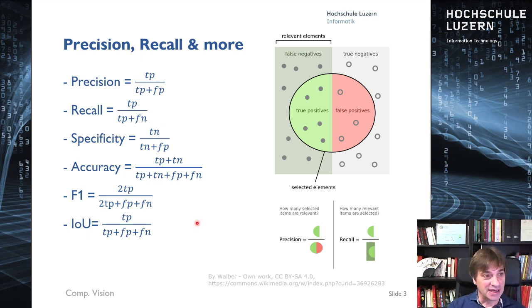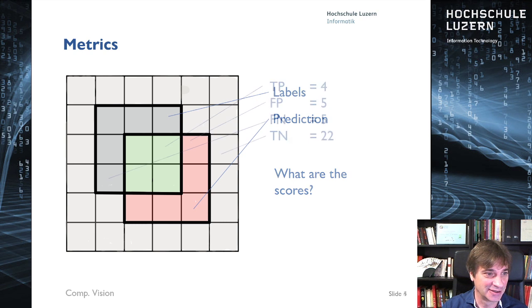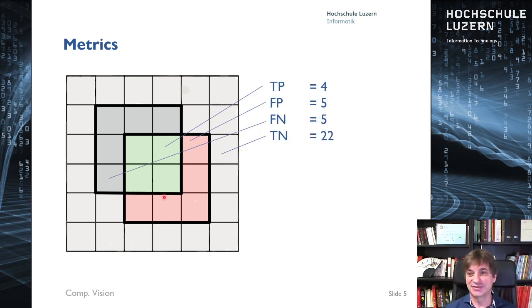Now, if you want to look at those for our segmentation problem, again, that was the prediction, that was the labels. What would be the scores of that result? Well, fortunately, we cannot do it so interactively here. So here are the results.